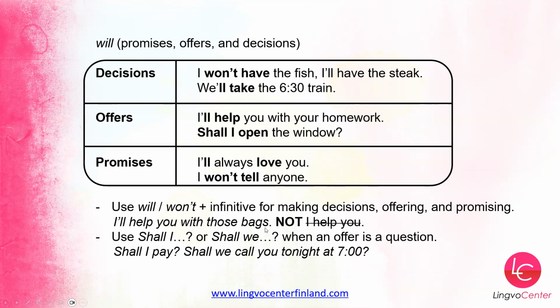I'll help you with those bags, not I help you. Use shall I or shall we when an offer is a question. Shall I pay? Shall we call you tonight at 7? These are all offers that you can make. That is a question. Very important.